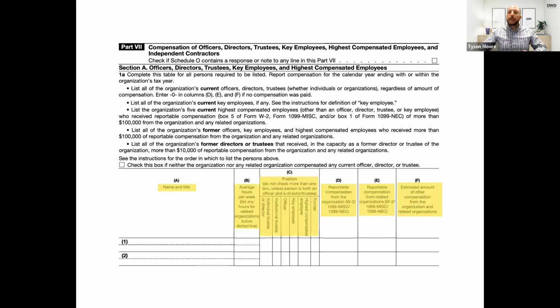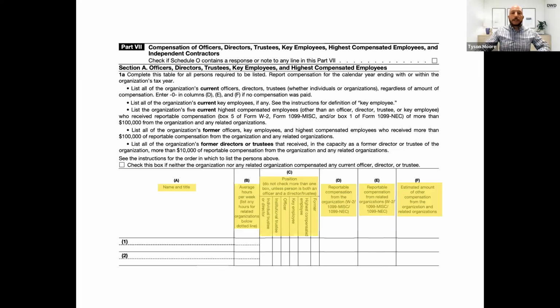Same with the key employee. Yes, your CEO or your executive director may be a key employee, but they probably aren't going to have this box checked unless they receive over the certain dollar compensation. Normally, they would have the officer box checked because they have been hired to be in that position to run the daily operations of the organization. So it's important to make sure that you have those boxes checked correctly here.